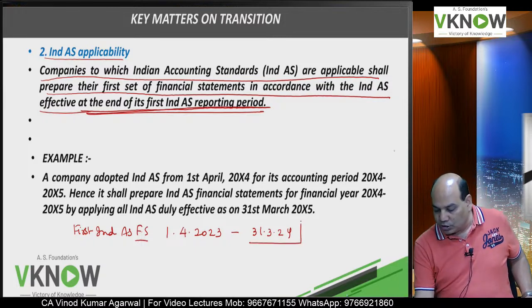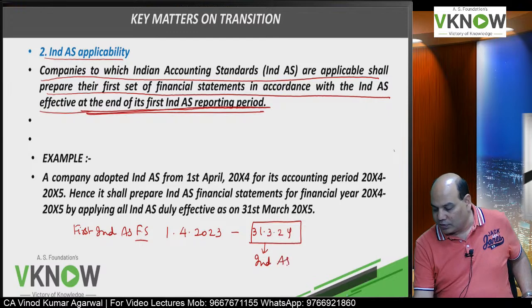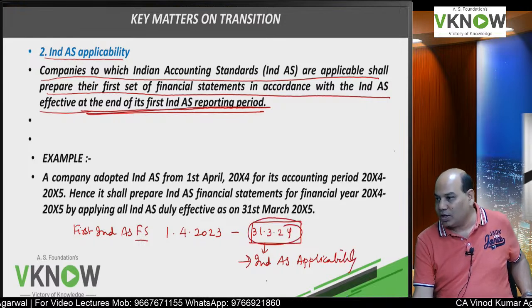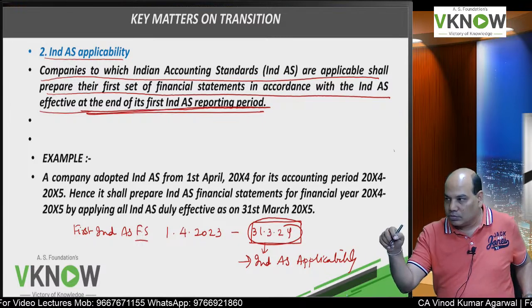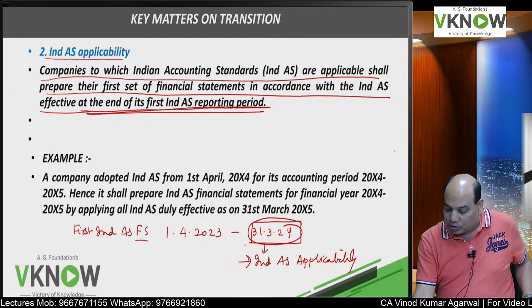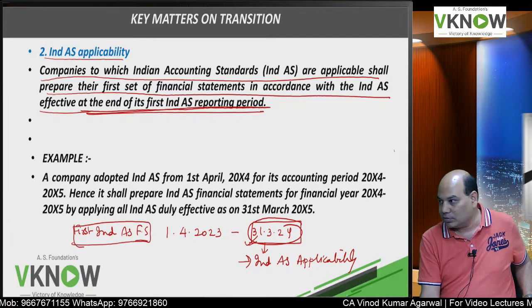So you have to see which Ind AS is applicable on 31st March 2024. On this date, you see which Ind AS and which provisions are applicable on the last day of the first Ind AS financial statement.